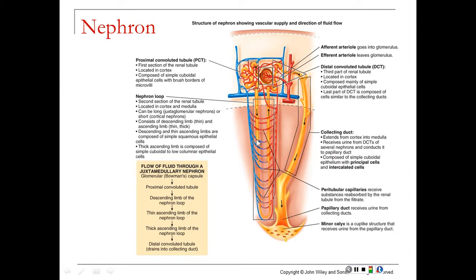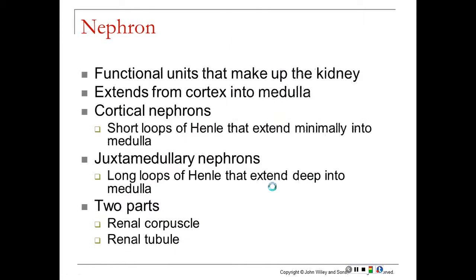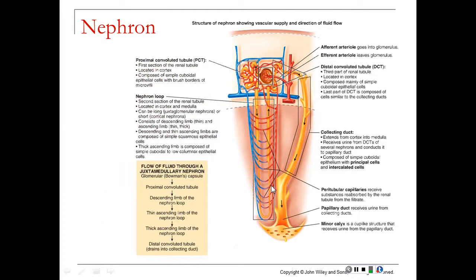So then the filtrate, which passes down this descending loop, is now going to go through the ascending loop, right here. And then the filtrate is going to pass through one last stop through the nephron. It's called the DCT, or the distal convoluted tubule.